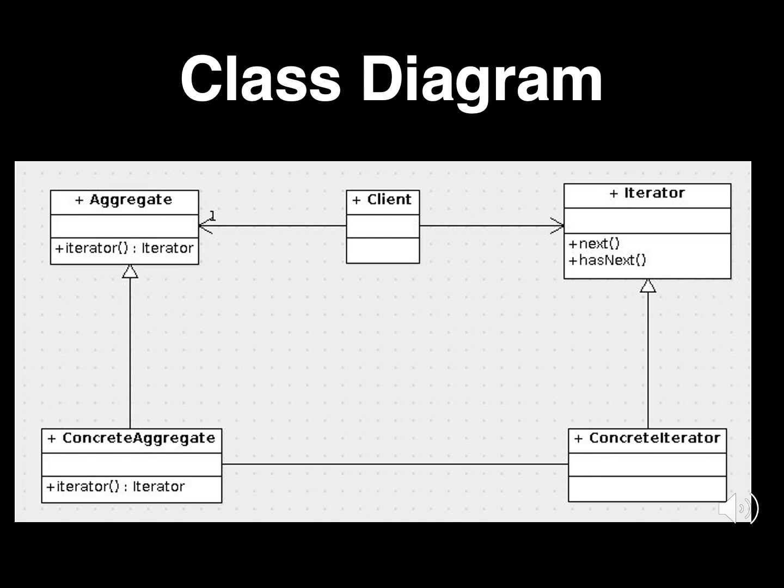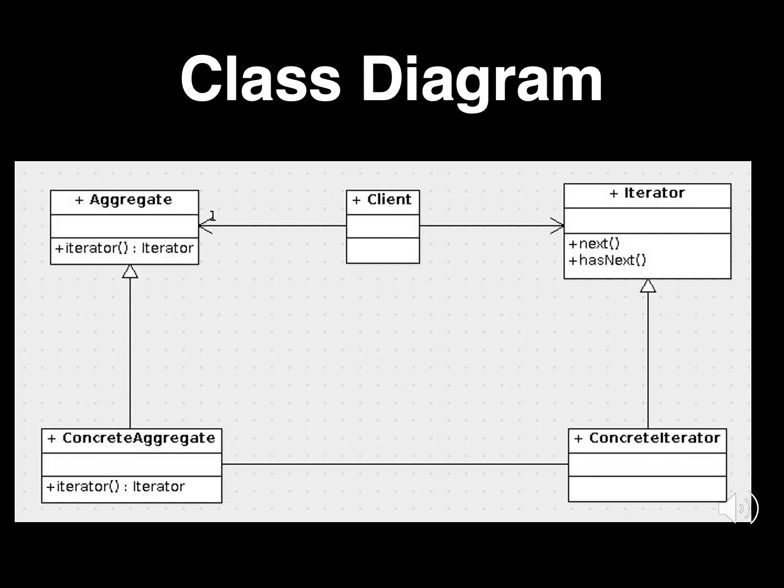The iterator basically defines a generic interface for accessing and traversing the elements of any kind of data structure. The concrete iterator will implement the iterator interface. It will keep track of the current position in the traversal of the aggregate. It will contain the definition and actual implementation of the iterator.